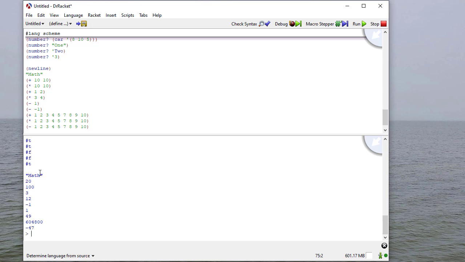Notice there we get negative 47 because this is 1 minus all of these numbers. So it's a negative, and there's a difference in the absolute value of 2 because we're subtracting 1 from the absolute value instead of adding it as we did in the first case. And how about if we divide 100 by 2 and 5? We get 10.